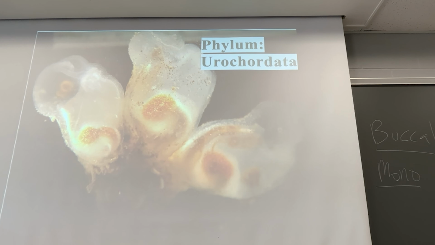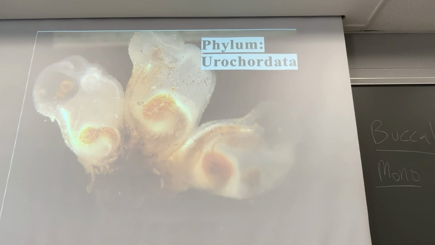So they are what are called benthic organisms. They're anchored and attached in place, and they are filter feeders. And they come in a wide variety of colors and sizes. But basically, as adults, they don't do much. They sit there and filter feed. They remove organic material from the water.